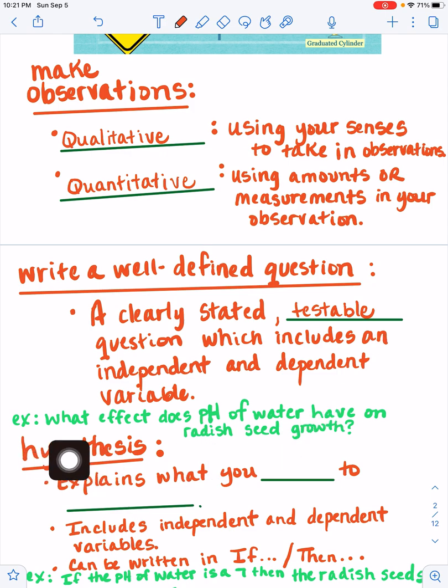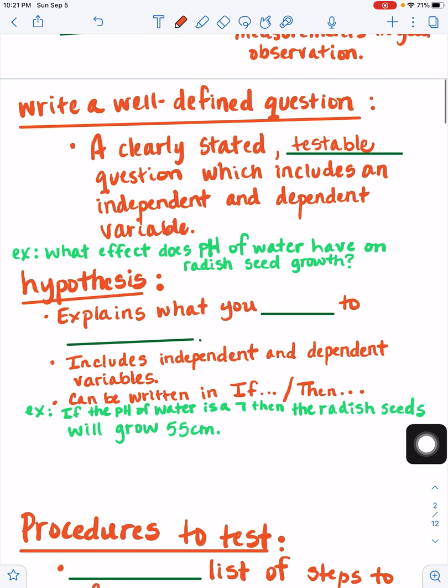For example, what effect does pH of water have on radish seed growth? So it has an independent variable, which is what you're testing, the effect of pH of water. And the dependent is what you're measuring, so it would be the seed growth. So the pH of water is your independent variable, and your seed growth would be your dependent variable.